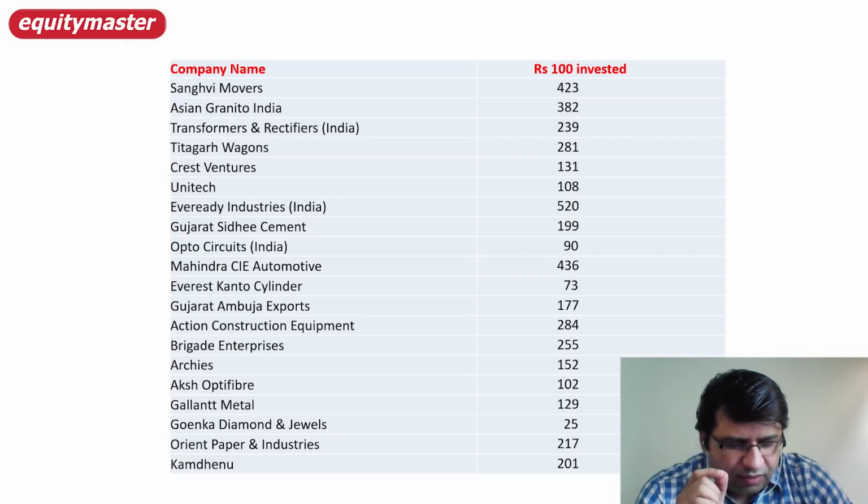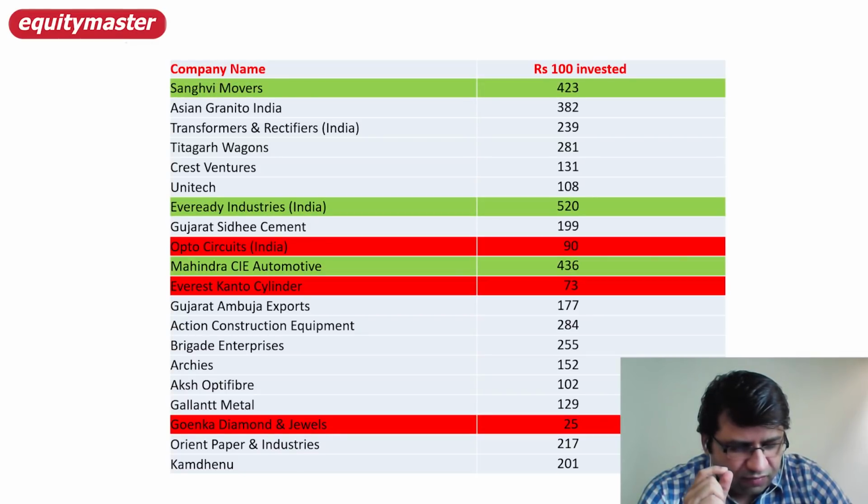Now on this slide you have the three biggest gainers and the 3 biggest losers. So Sanghvi Movers, Everready Industries, and Mahindra CIE Automotive were 3 penny stocks that performed the best out of the list of 20 stocks. They gave returns of, for 100 rupees invested, 423 rupees in Sanghvi Movers, 520 rupees in Everready Industries, 436 rupees in Mahindra CIE Automotive.